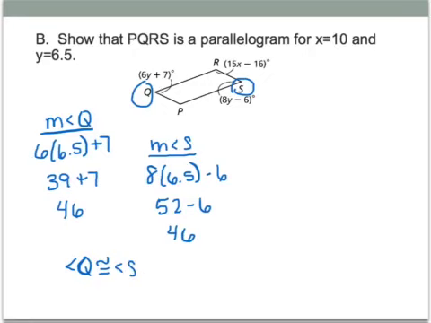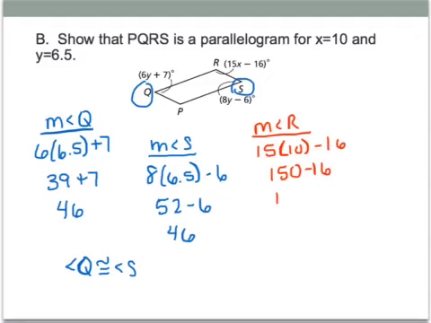Okay, now let's check to see that consecutive angles are supplementary. So plug 10 in for X at angle R. I have 15 times 10 minus 16. That is 150 minus 16. So it'll be 134. All right, so we need to check that R and S and R and Q are supplementary.